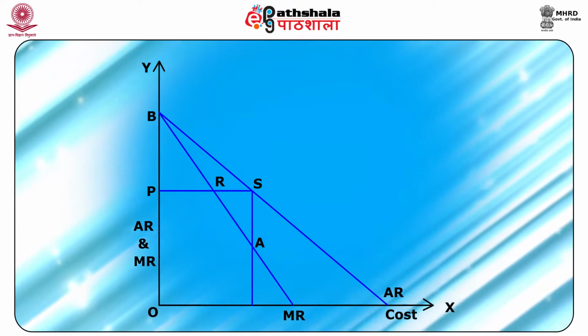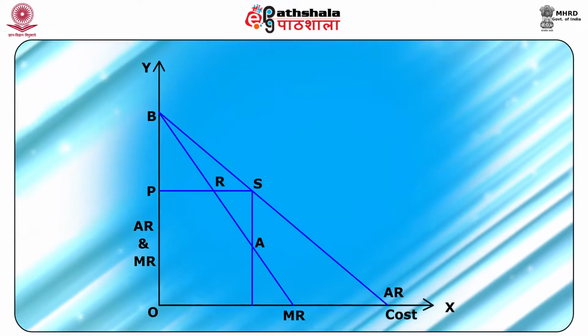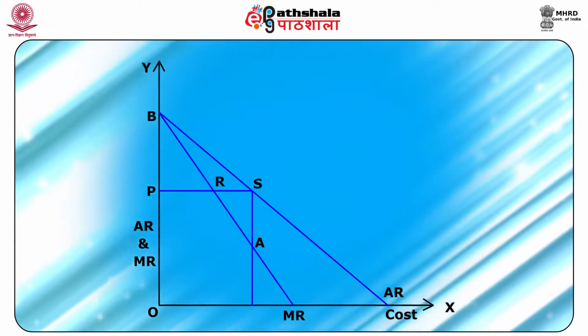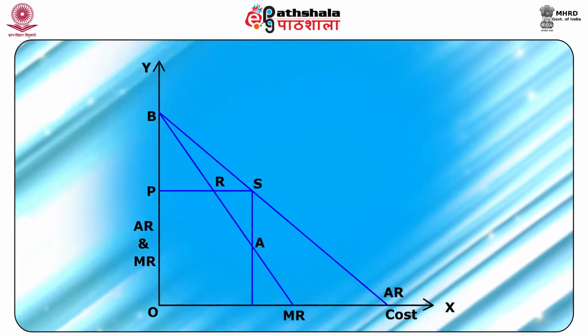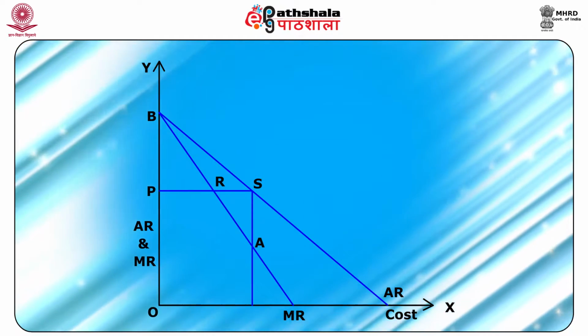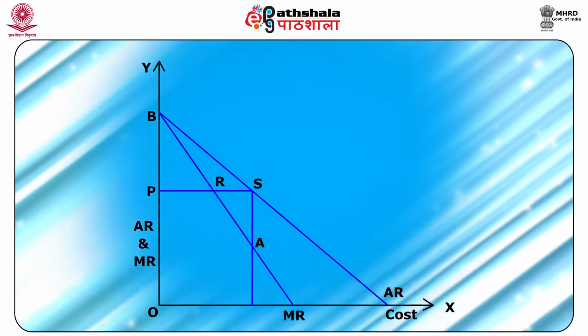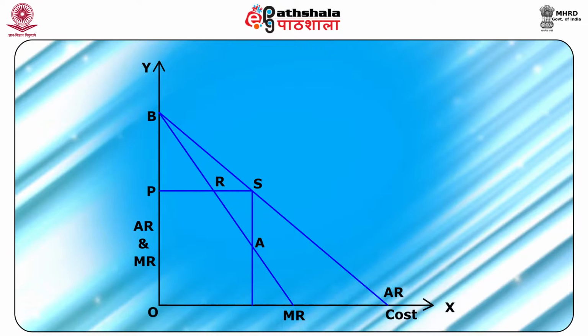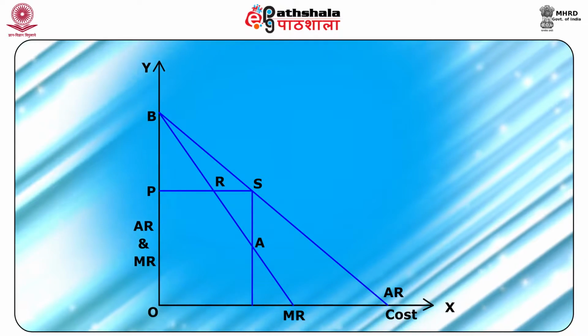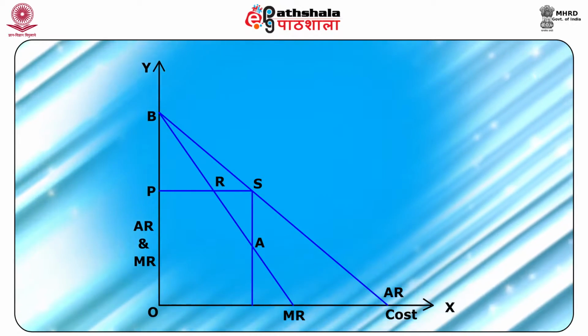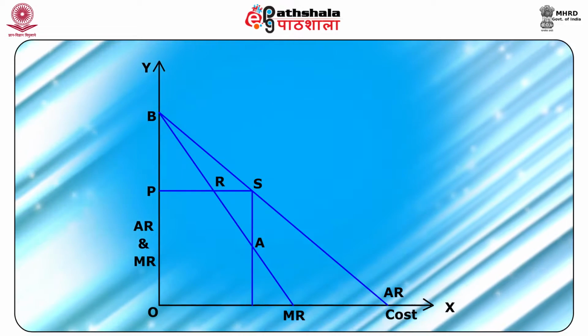Consider a price P. At this point, if we draw a line which intersects both the MR and AR, you would have two points: R which intersects the MR function and S which touches the AR function.